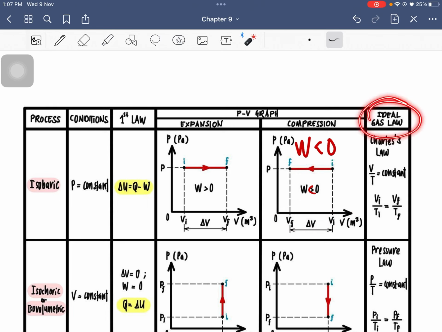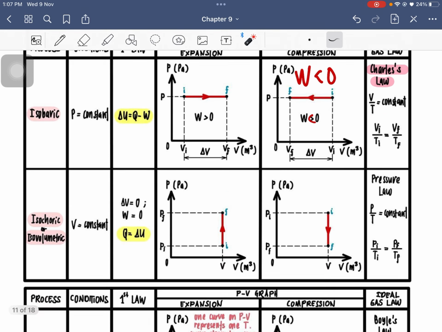The ideal gas law that we can apply is Charles's law. Charles's law is when the volume per temperature is constant, so the initial volume over initial temperature is equal to the final volume over final temperature.